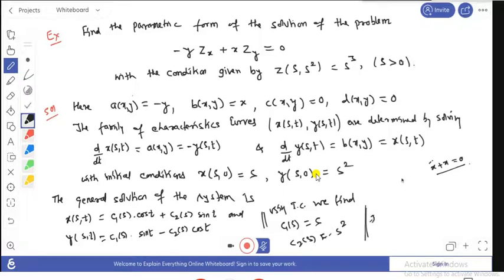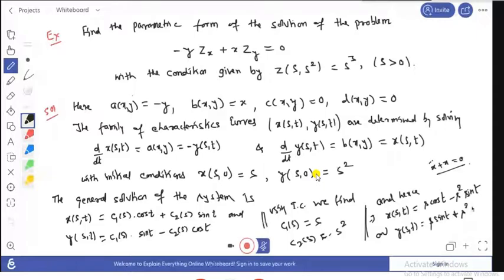So therefore, we can write the general solution, that is x of s,t, this equals to C1, that is s cos t minus s square sine t, and y equals to s sine t, and s square, this becomes plus because minus square, so this equals to cos t.